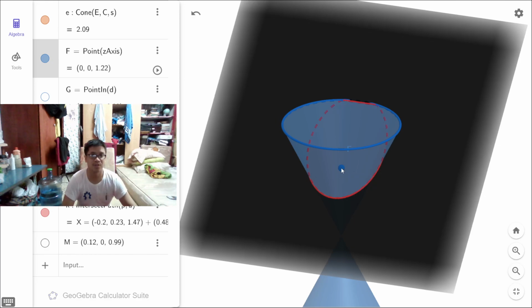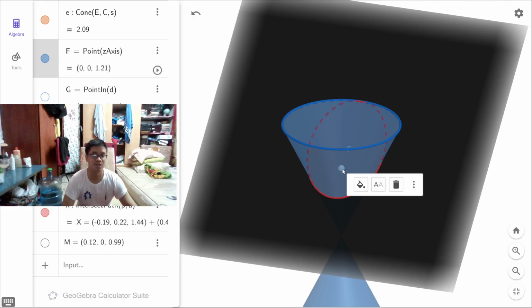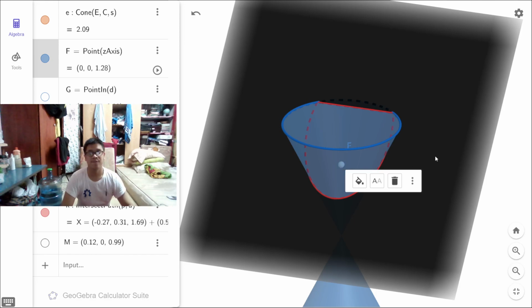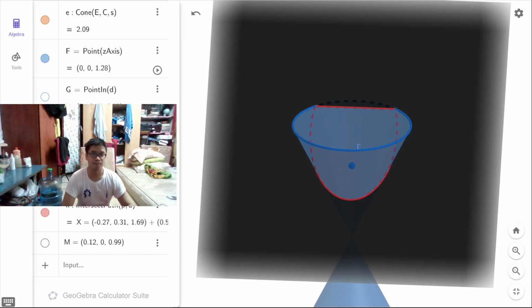All right. Let's take a look. So at that point, it looks like it's still an ellipse, once it touches this point. But if we go beyond that, like this, beyond, in a way that it forms a U shape.